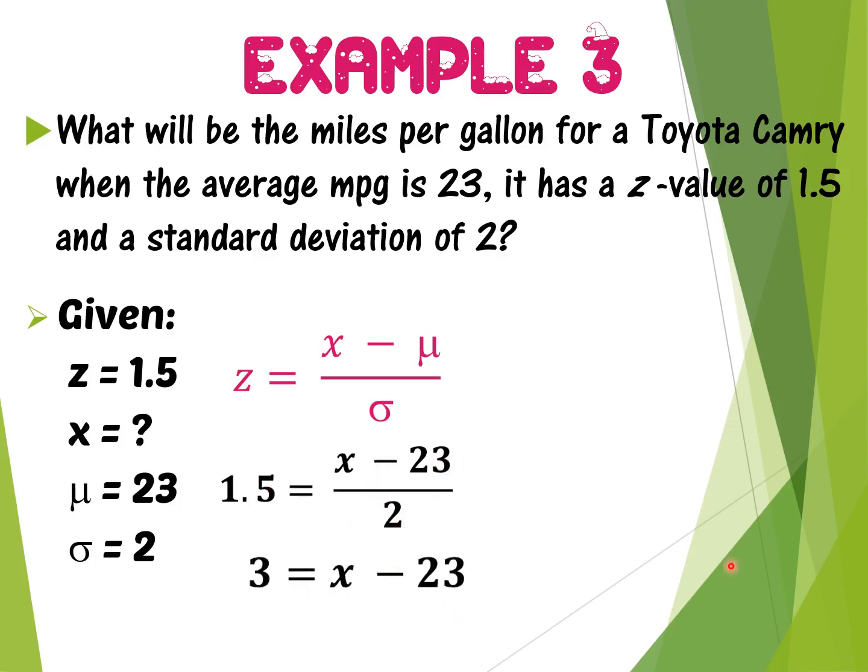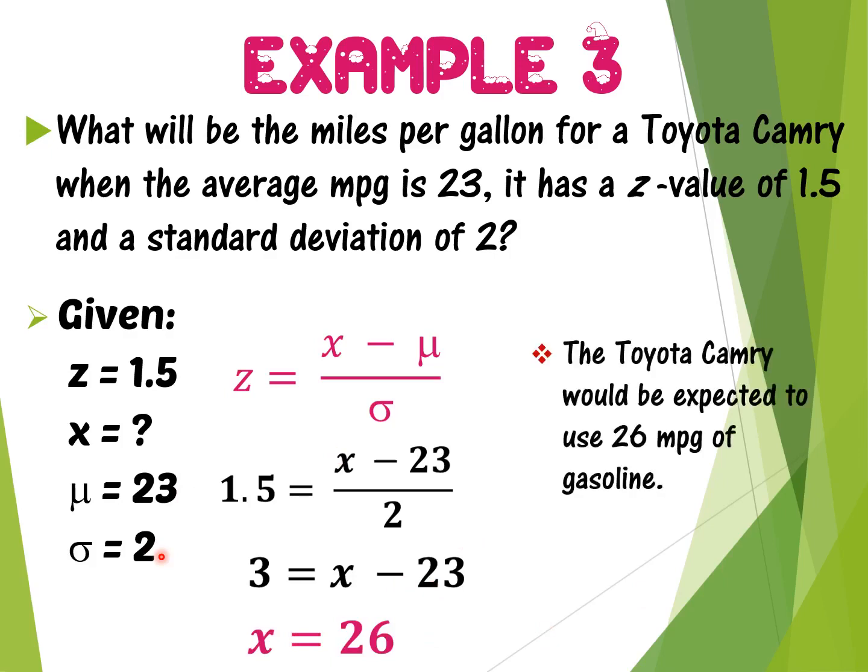Then we simply transpose negative 23 to the other side, so x is equal to 26. Therefore, the Toyota Camry would be expected to use 26 miles per gallon of gasoline. Okay, so that will be the conclusion. Is that clear?